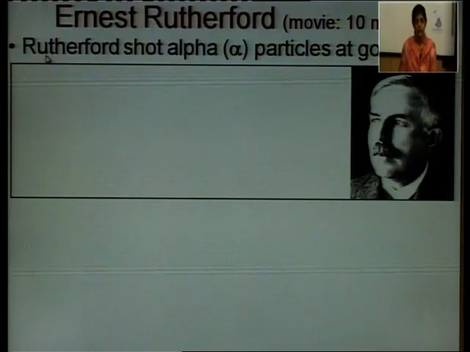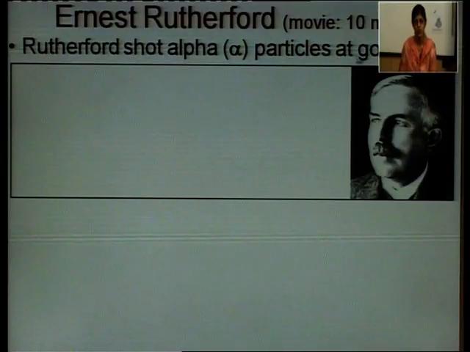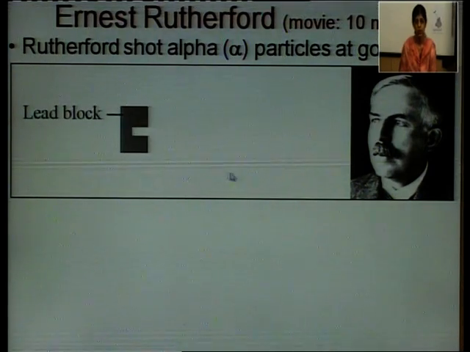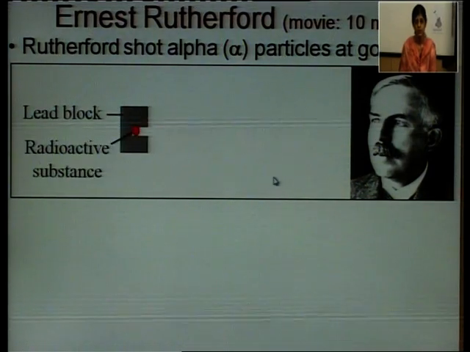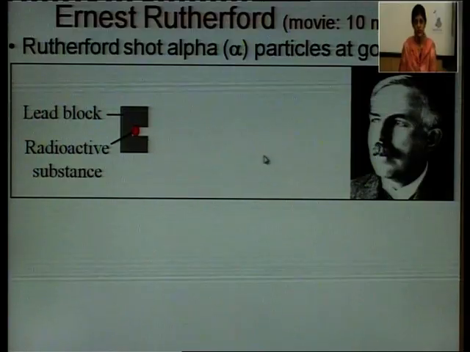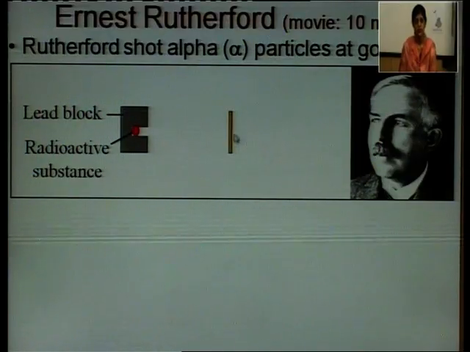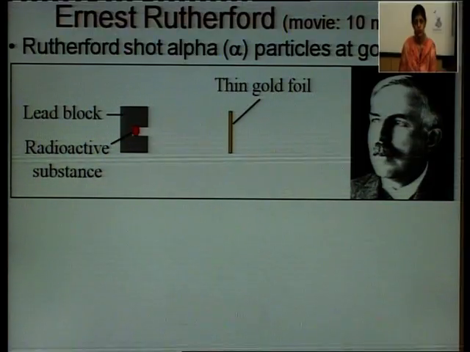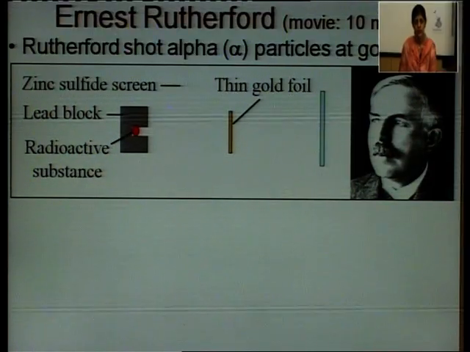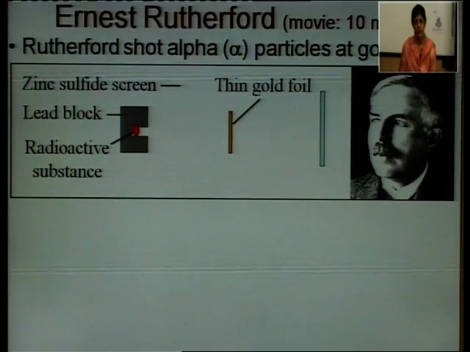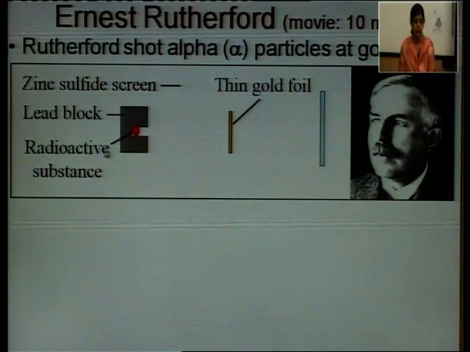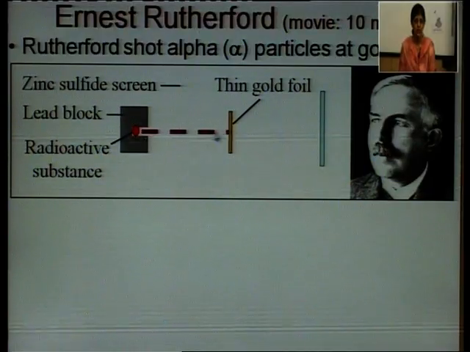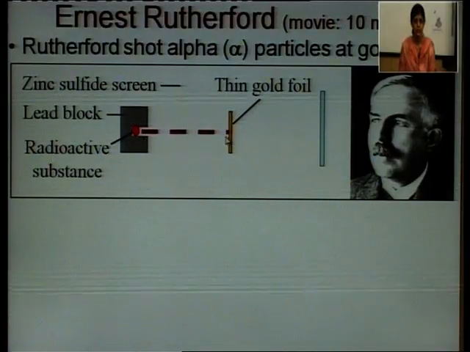Again, we are just revising it. Rutherford shot alpha particles at the gold foil. This is the lead block. This is the radioactive substance. This is the thin gold foil. Then we have a zinc sulfide screen, the diagrammatic representation we are doing now. This radioactive substance is emitting a ray of alpha particles.